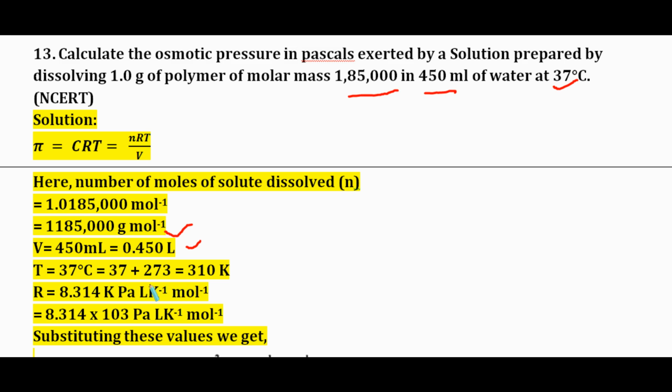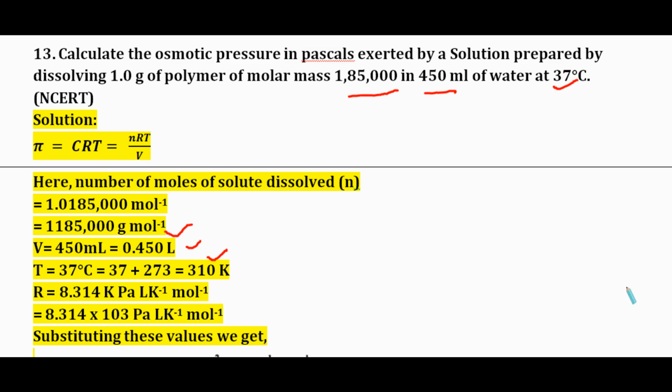Temperature 37 degree can be written as absolute temperature, that is 37 plus 273 equal to 310 Kelvin, and the ideal gas constant is R equal to 8.314 kPa. It cannot be given in the formula, you have to learn it.